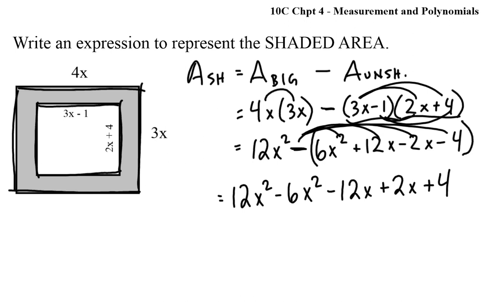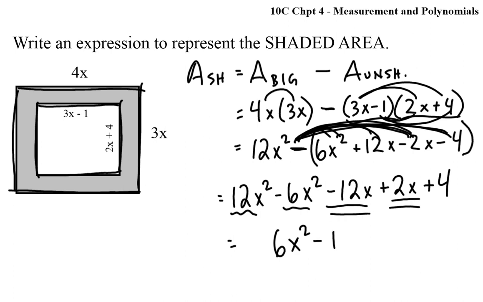As soon as you do FOIL multiplication, you get lots of parts. 6x squared becomes negative. Negative 12x, positive 2x, because a negative and a negative is a positive, and a positive 4. And now I combine my like terms. 12 minus 6 is 6, not 18. 6x squared, x and x, negative 10x, plus 4. And there's your solution.